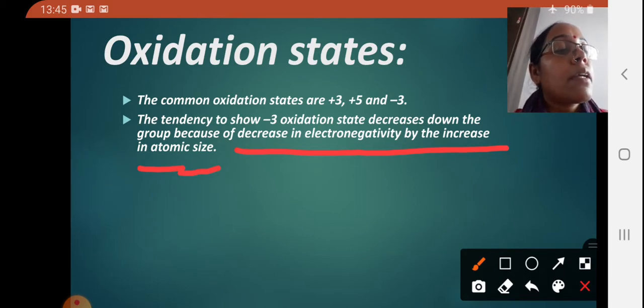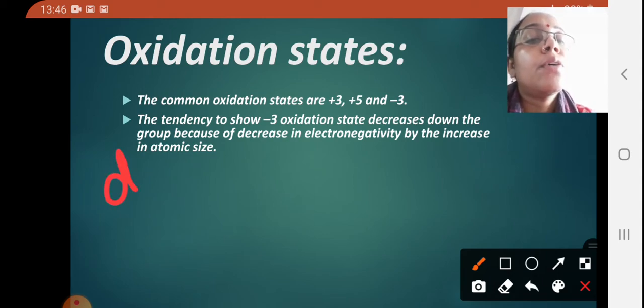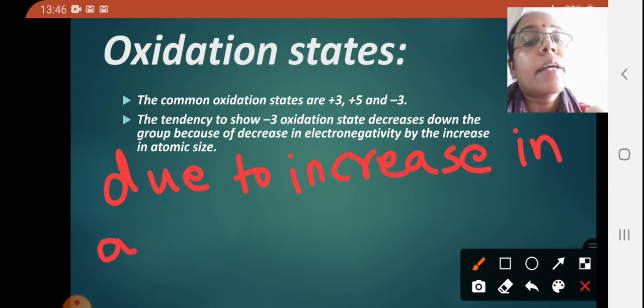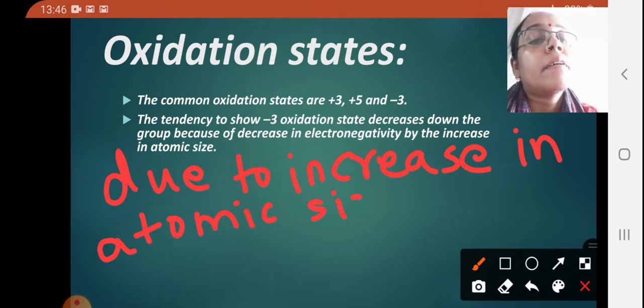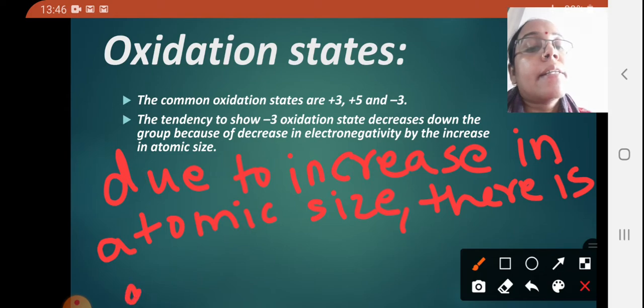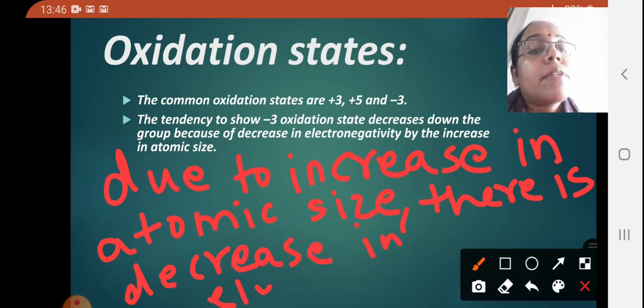Since the electronegativity is decreasing, that is why the tendency to show -3 oxidation state decreases. So the reasons I am just writing here: due to increase in atomic size, there is decrease in electronegativity.